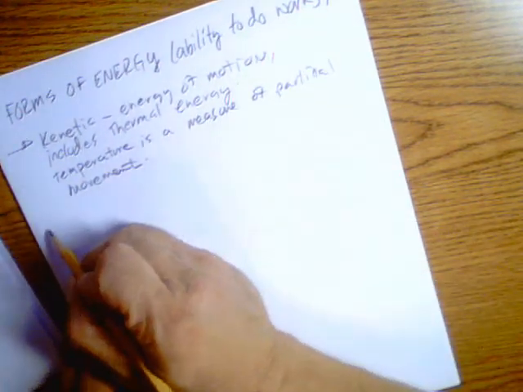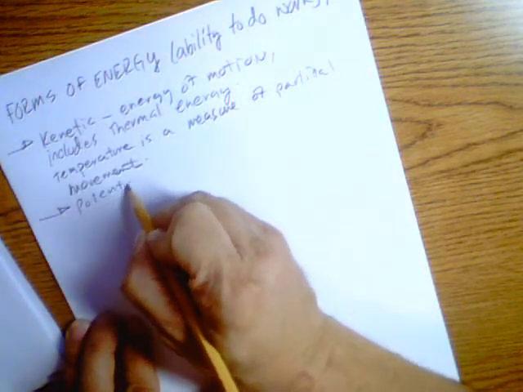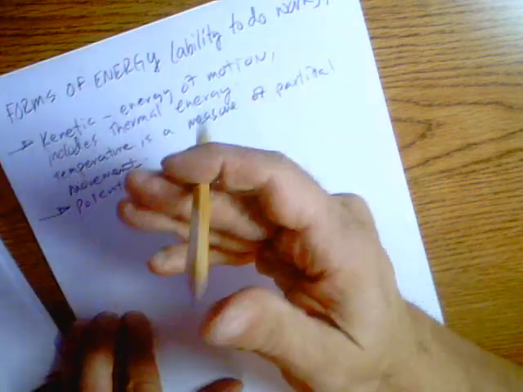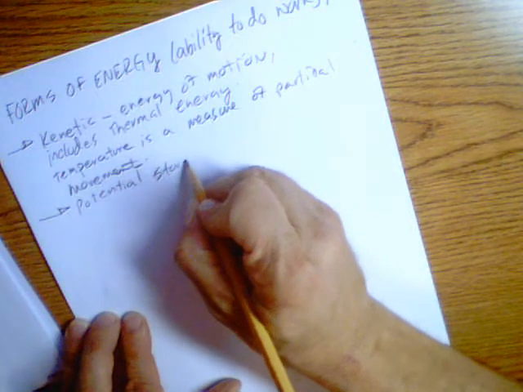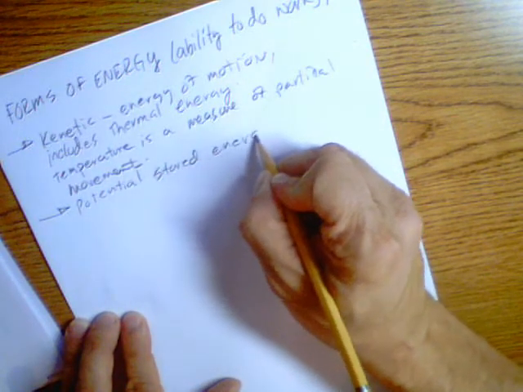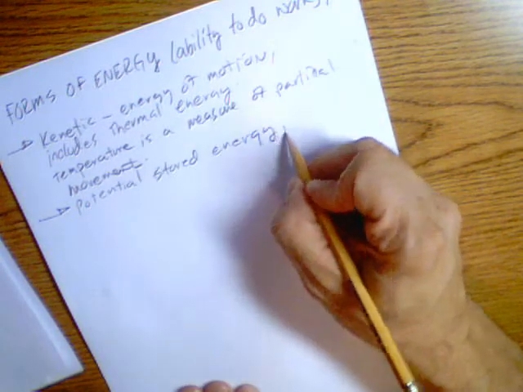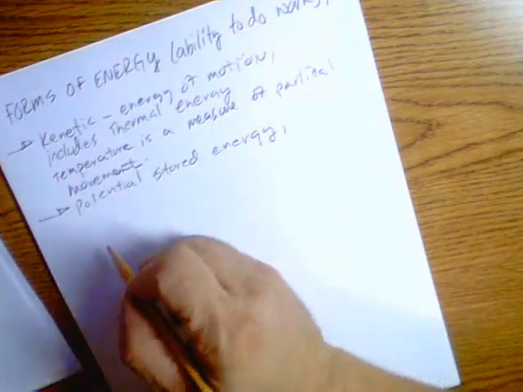Another type of energy is potential energy, and potential energy is stored energy, for which gasoline in your car is an example, and food in your fridge is an example.